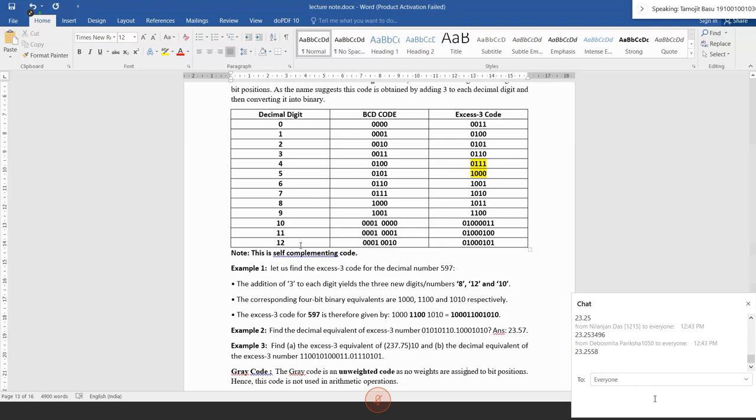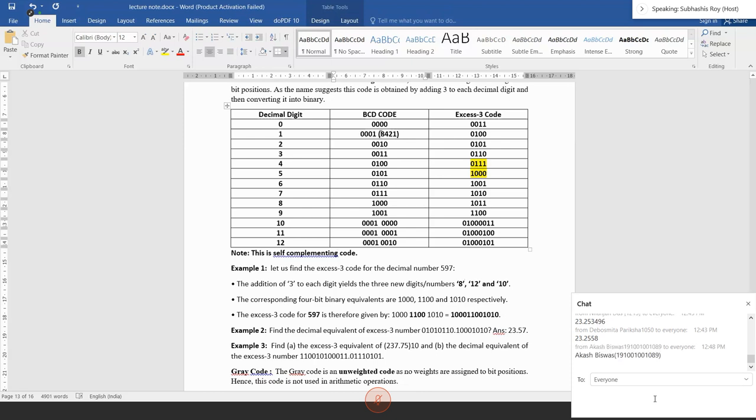So what is the meaning of unweighted or weighted? Unweighted means, suppose BCD is weighted, right? So what is the weight of BCD? 8421, right? Just note here 8421. And what is the combination for 1? 0001. So you don't need to take 842 into consideration, you need to consider only 1 here.